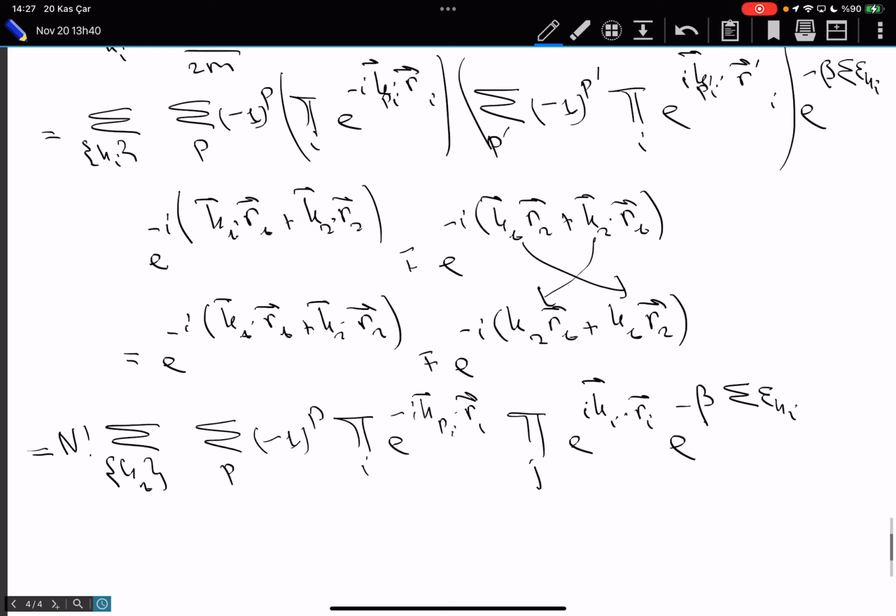And in fact, in this summation over p prime, each one of those terms will basically contribute the same thing. Do you see it or don't you see it?